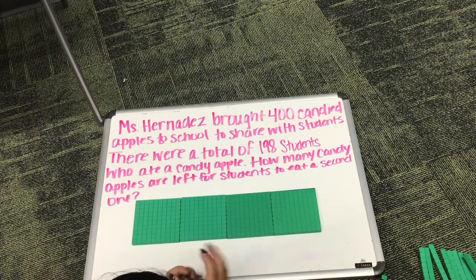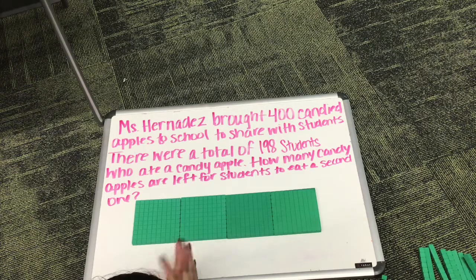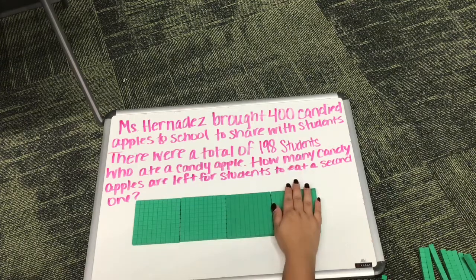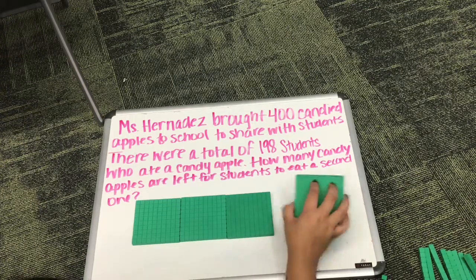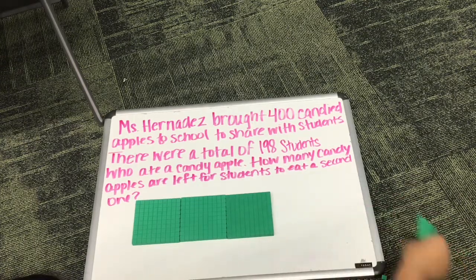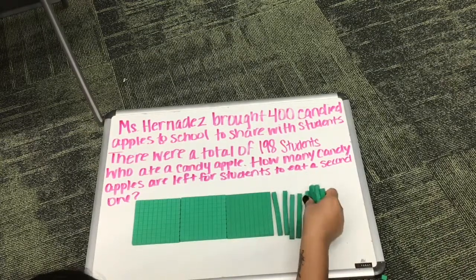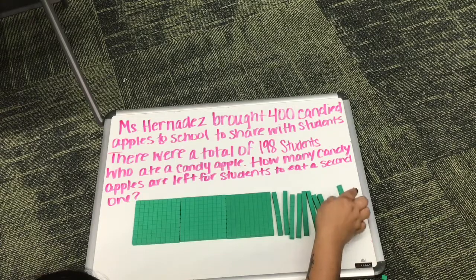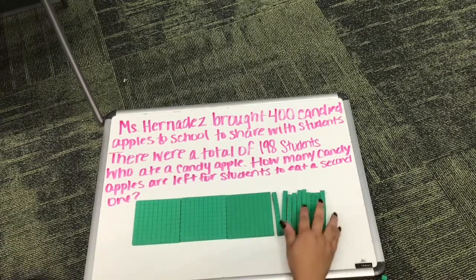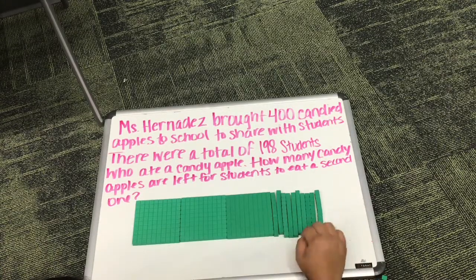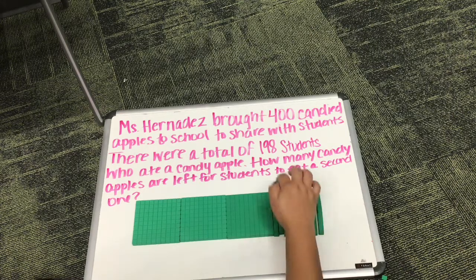What I'll do first is, I know that 98 of them I would have to regroup, so I will regroup one of my flats into 10 rods. So we have 1, 2, 3, 4, 5, 6, 7, 8, 9, and 10. So here we have our flat regrouped to 10 rods.